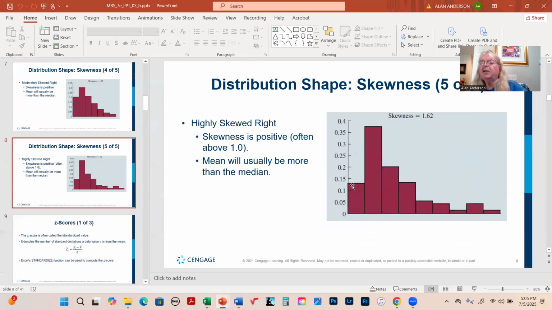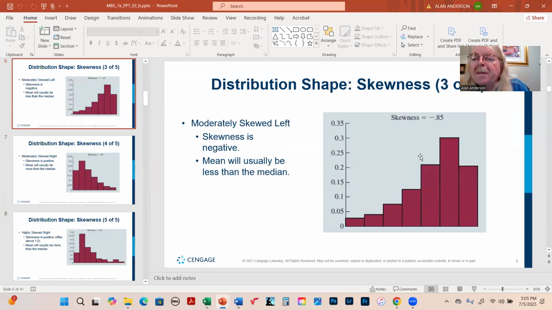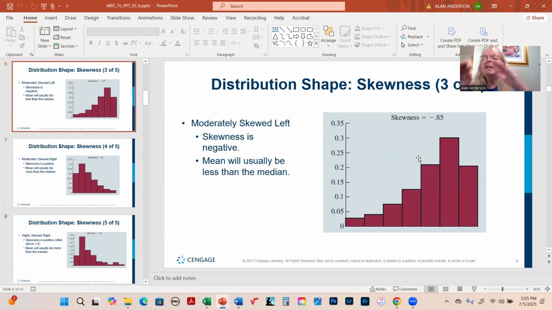Now, sometimes the skewness itself, like this one, the tail is quite long, so the skewness goes up. If it has a very long tail, the skewness gets larger. When the observations are closer to each other, the skewness is not quite so large.